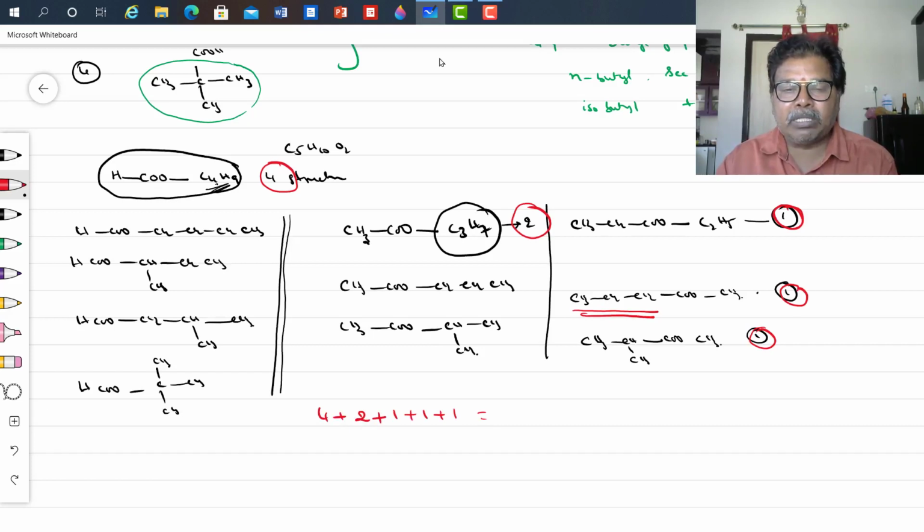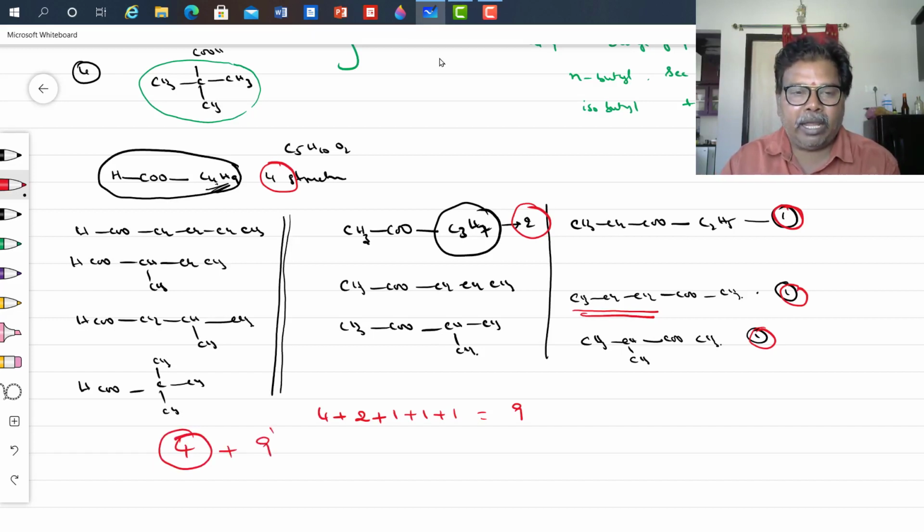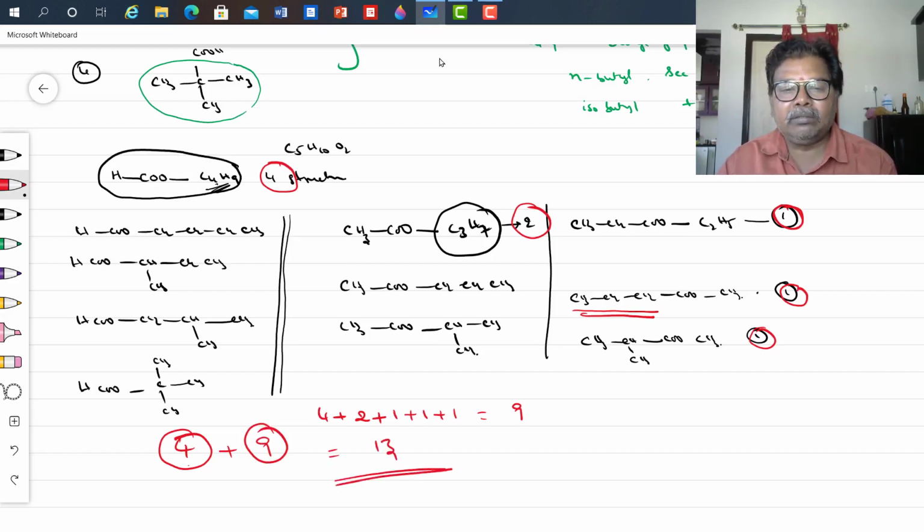How many esters are possible? 9 esters. How many acids are possible? The number of carboxylic acids we got is 4, and the number of esters we got is 9. The total number of acids and esters possible is 13.